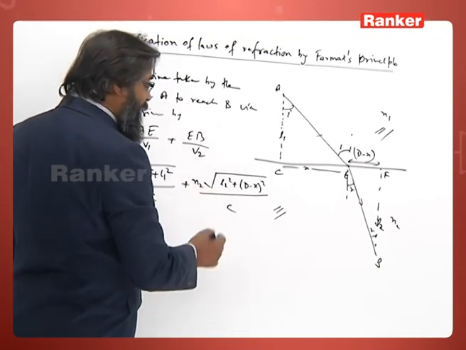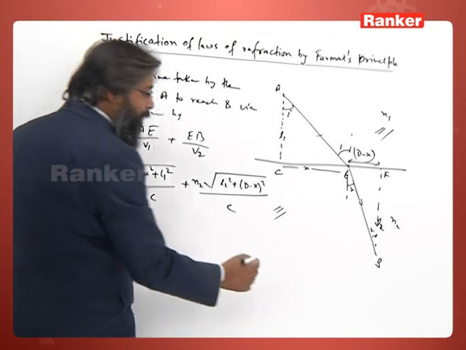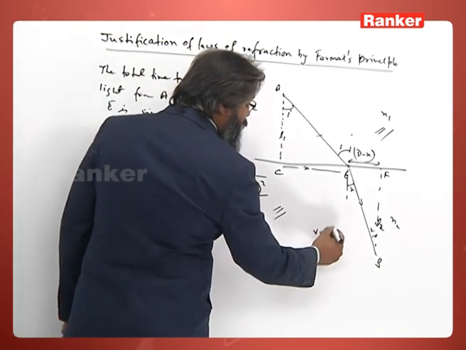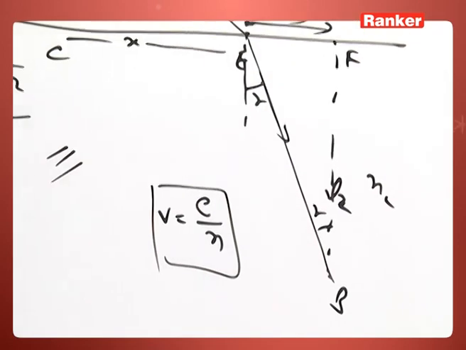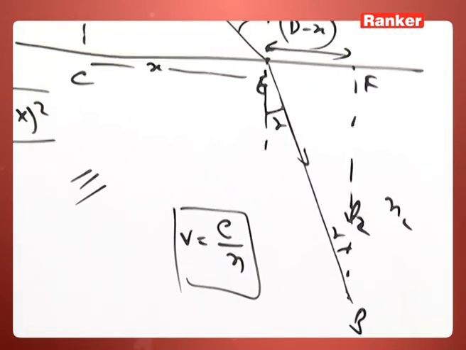The velocity of light in any medium is given by c by n. So now we have this time.